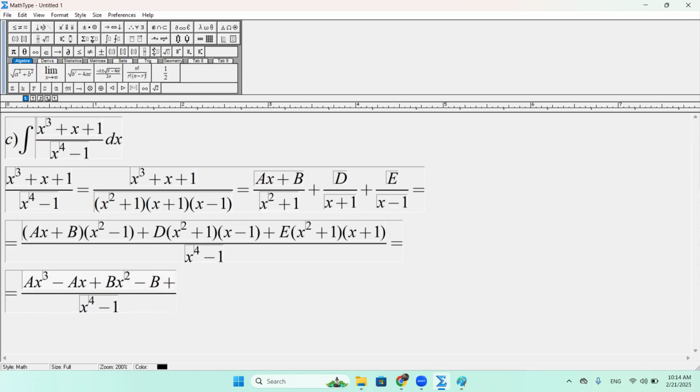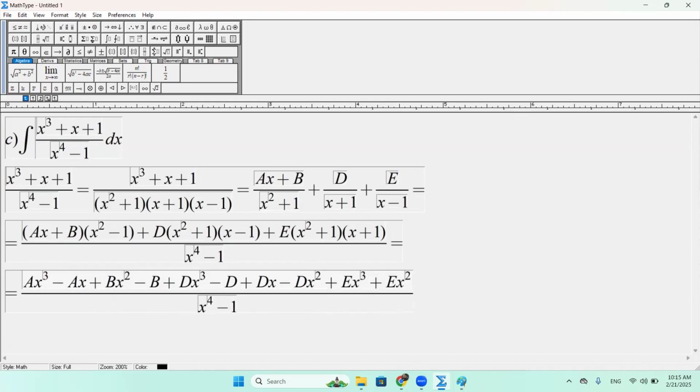Then plus dx cubed minus d plus dx, and minus dx squared. So nothing lost for d. And what about e? ex cubed plus ex squared plus ex plus e.